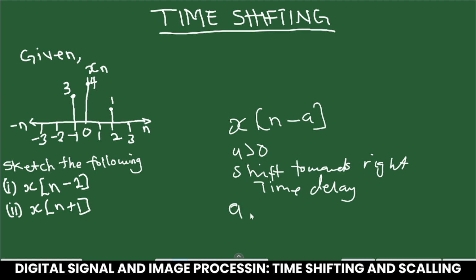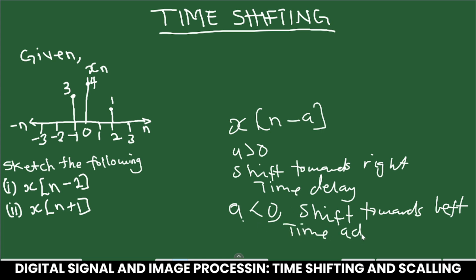Now, when you have a negative integer, that is a less than 0, your samples are going to shift towards the left, and we term that as time advancement.